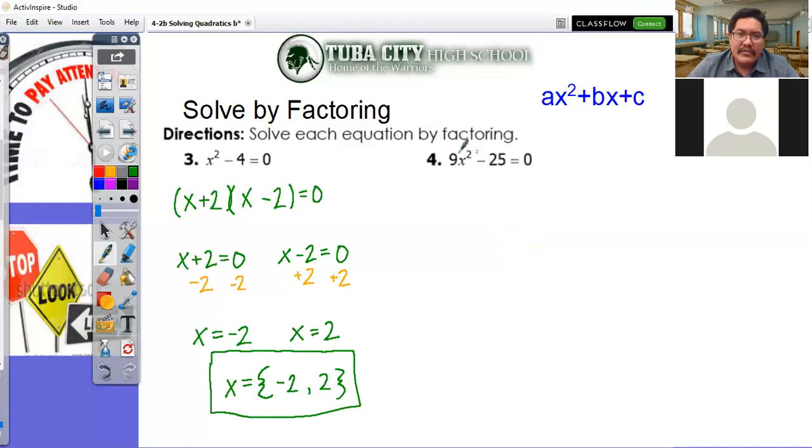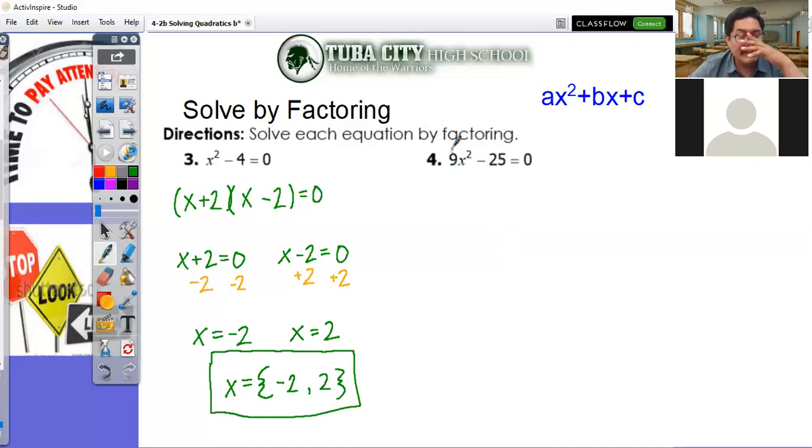Again, there are only 2 terms, and 9 and 25 do not have any factors in common. I cannot divide 25 by 3, and I cannot divide 9 by 5. So this leaves me with only one option, and that is to check to see if it is a difference in squares.